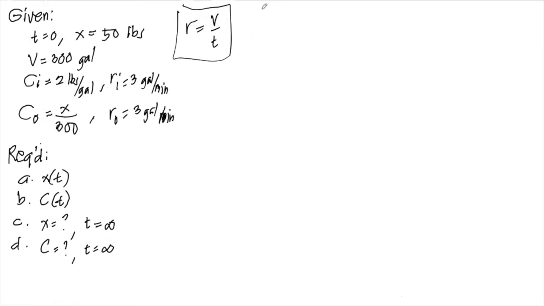Now we start solving. So una muna, kahit alam mo na yung magiging solution na linear siya, we first write the linear equation. So the rate of change dx over dt is equal to rate in, which is c sub i times r sub i, minus c sub o times r sub o.